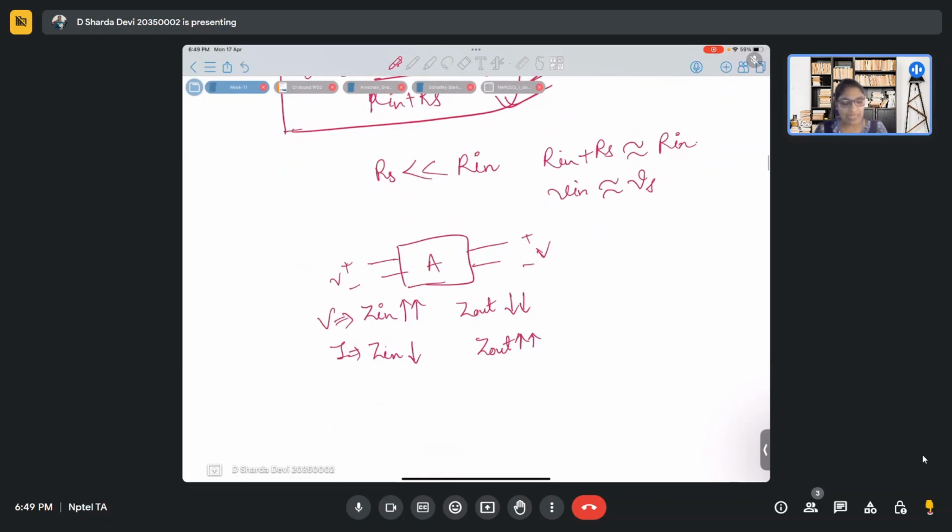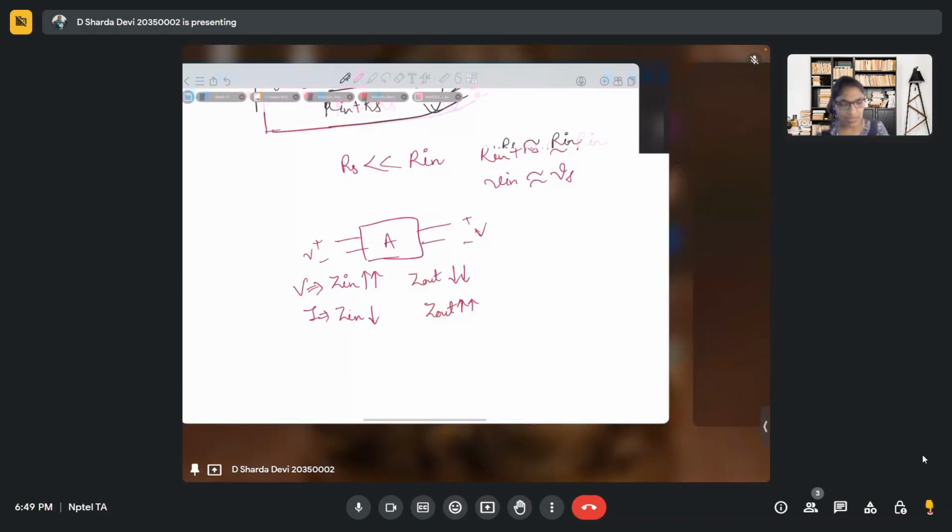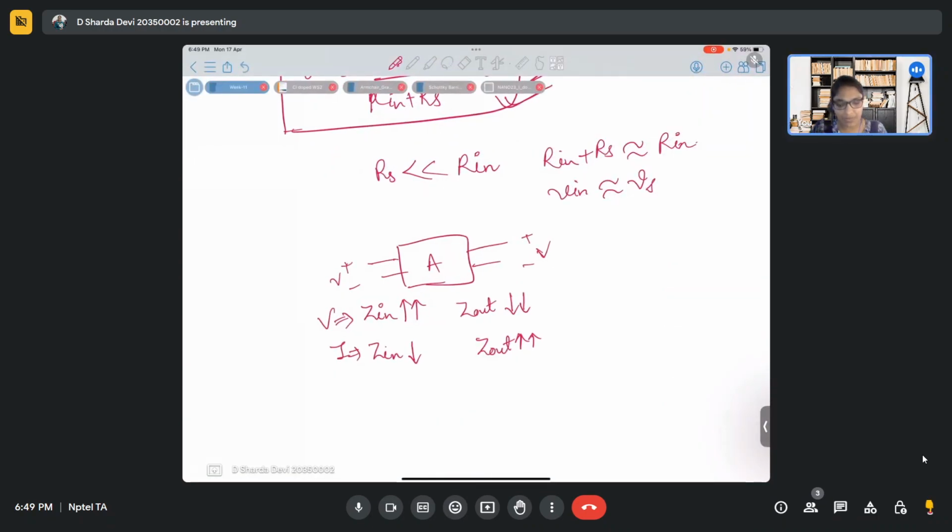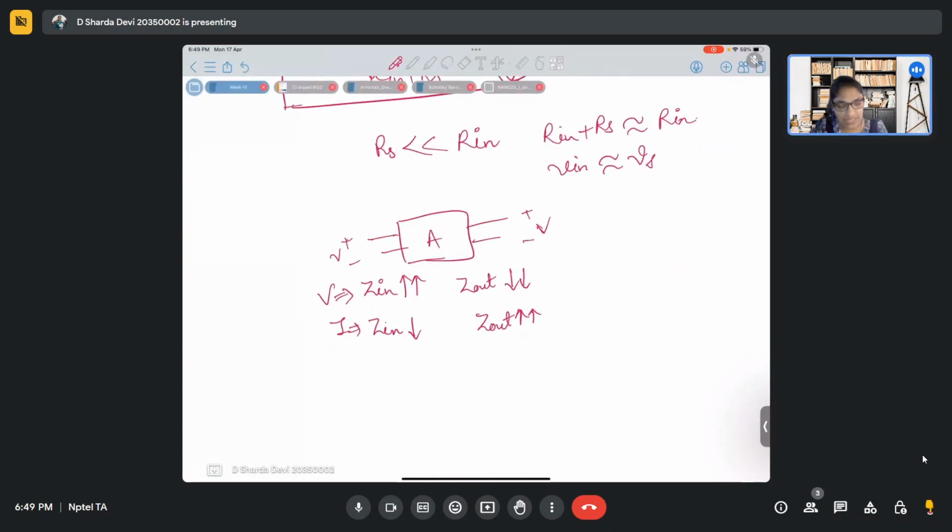Now, if it is a transconductance amplifier, transconductance means input is voltage and output is current, right? So here it will follow the convention of current. That means Z out should be much higher, but for input, Z in should also be higher, right?